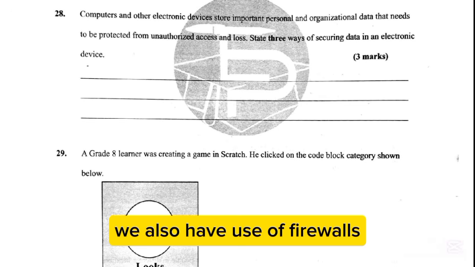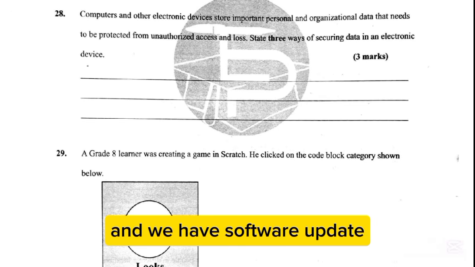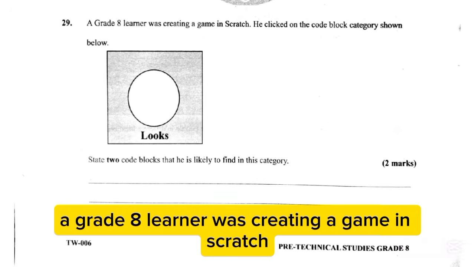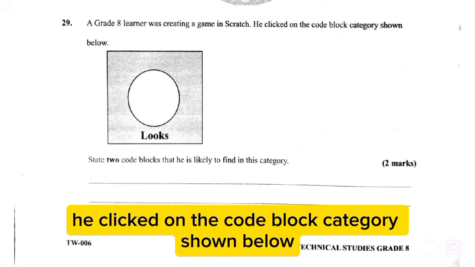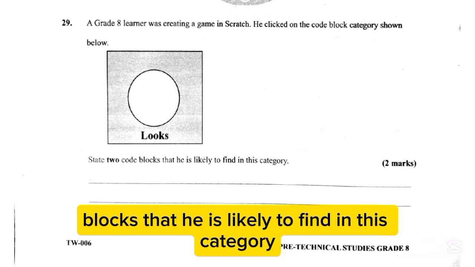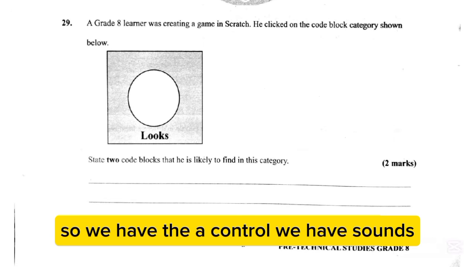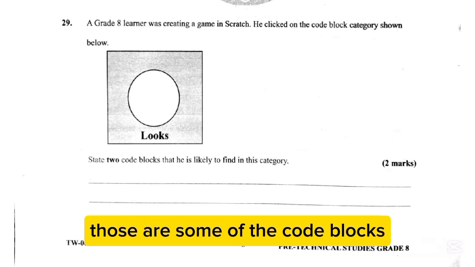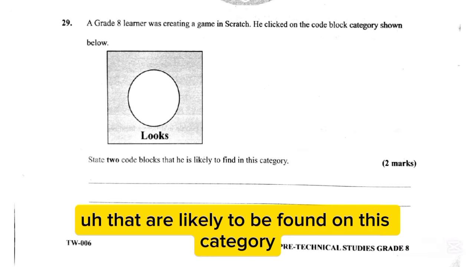We also have use of firewalls, and we have software updates. Question 29. A grade 8 learner was creating a game in Scratch. He clicked on the code block category shown below. So it's about looks. State two code blocks that he is likely to find in this category. So we have control, sound, end, motion, and triggering. Those are some of the code blocks that are likely to be found in this category.